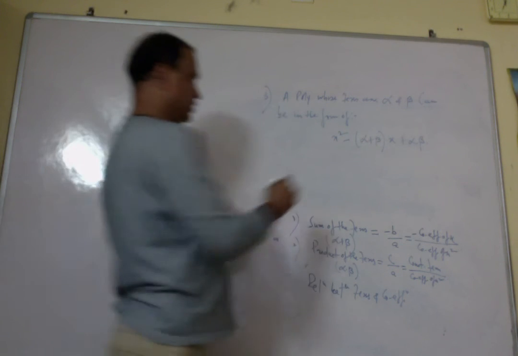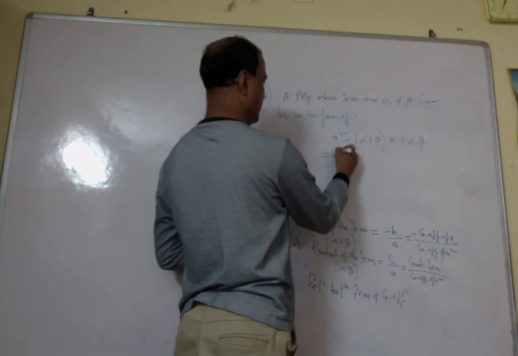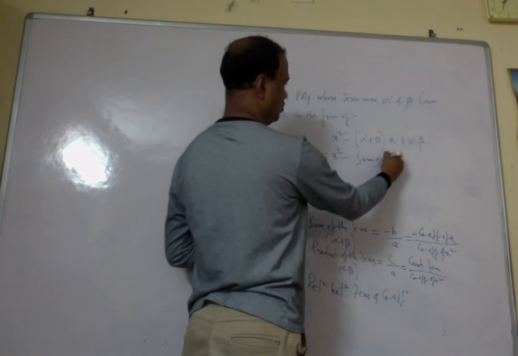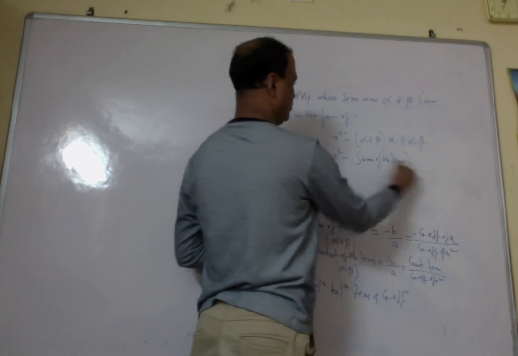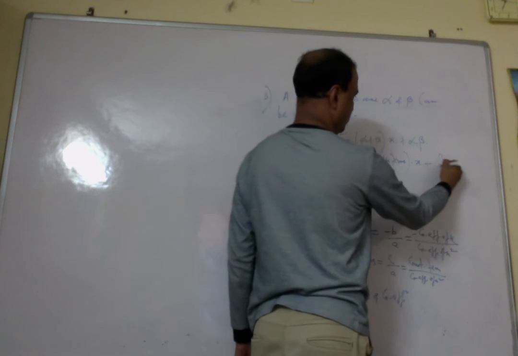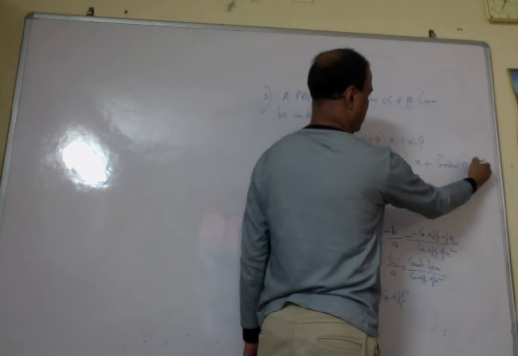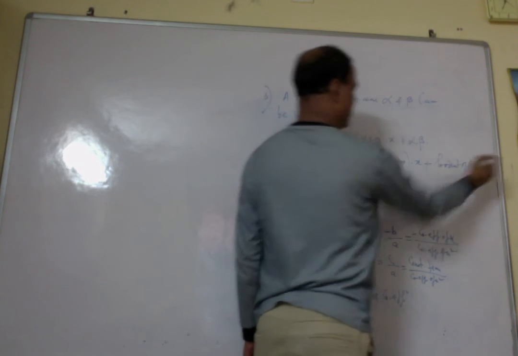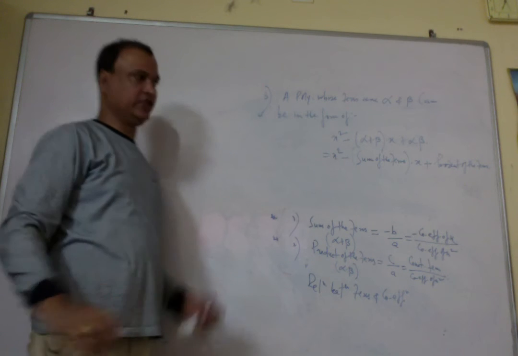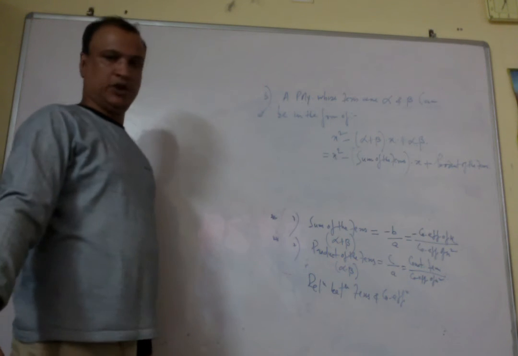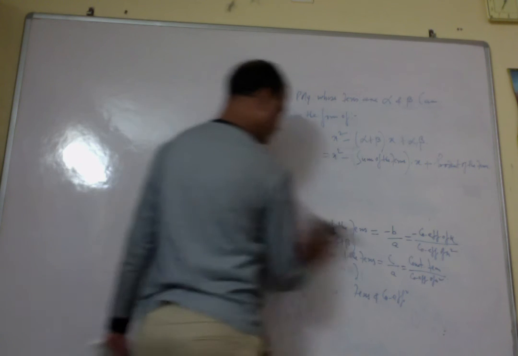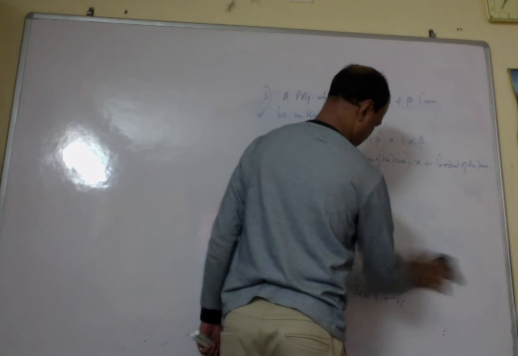Okay, or you can learn it like that: x square minus (alpha plus beta), the sum of the zeros, into x plus alpha into beta, the product of the zeros. So this is one most important formula for 1 mark short questions in the board examination. It can come: what is the polynomial, or find a polynomial whose zeros are 5 and 3.